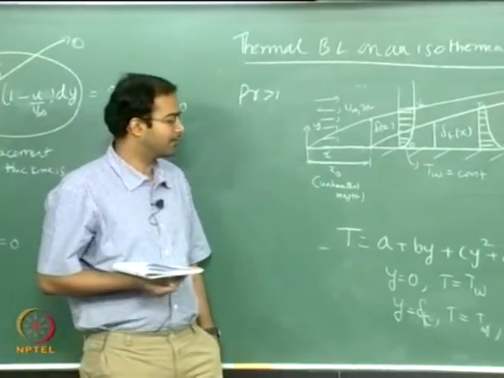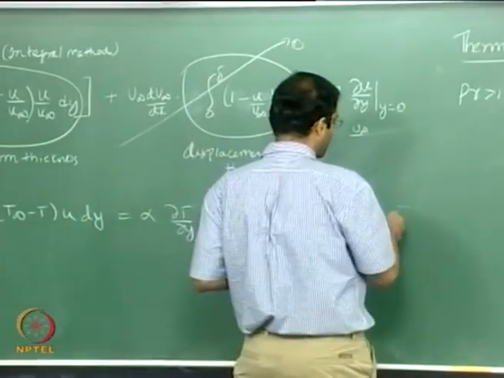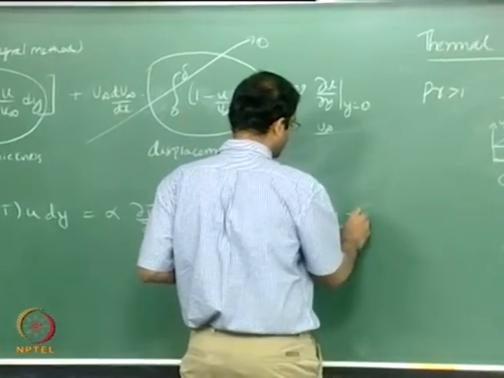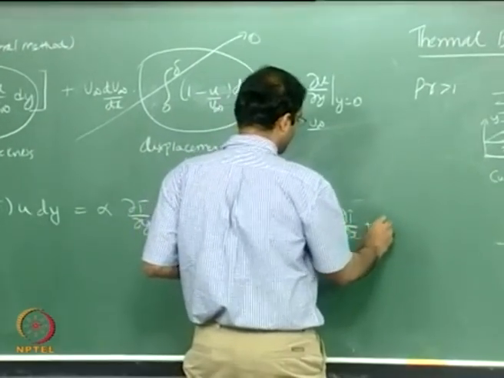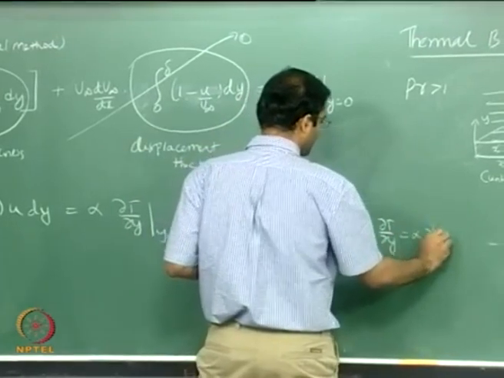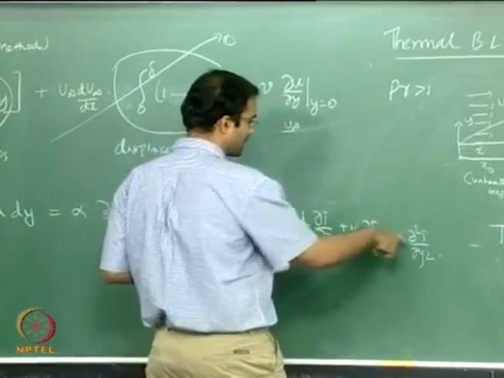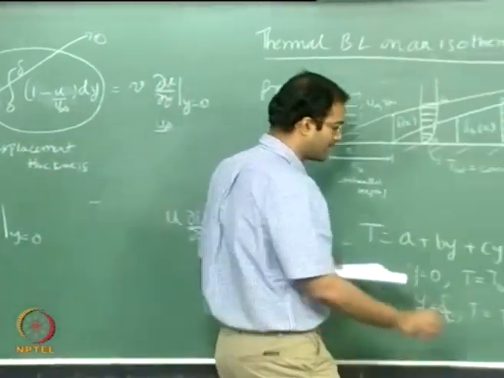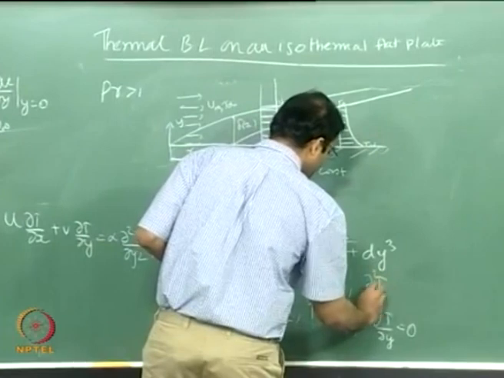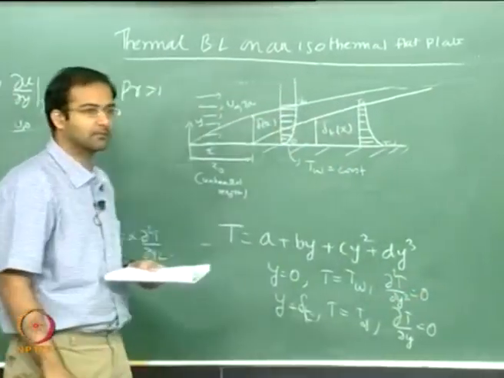The same way that you did for momentum, if you look at the energy equation, and you don't include the viscous dissipation term, at the wall these are 0, therefore d square T by dy square has to be 0.